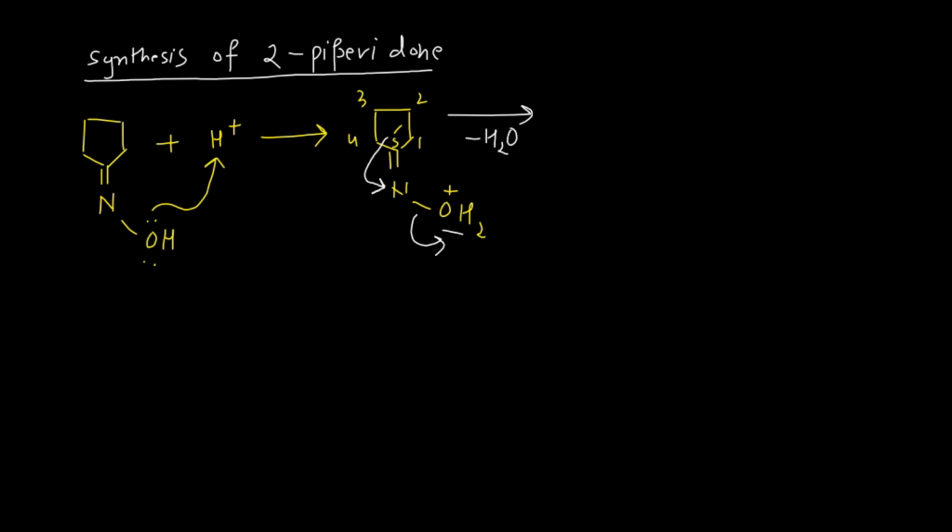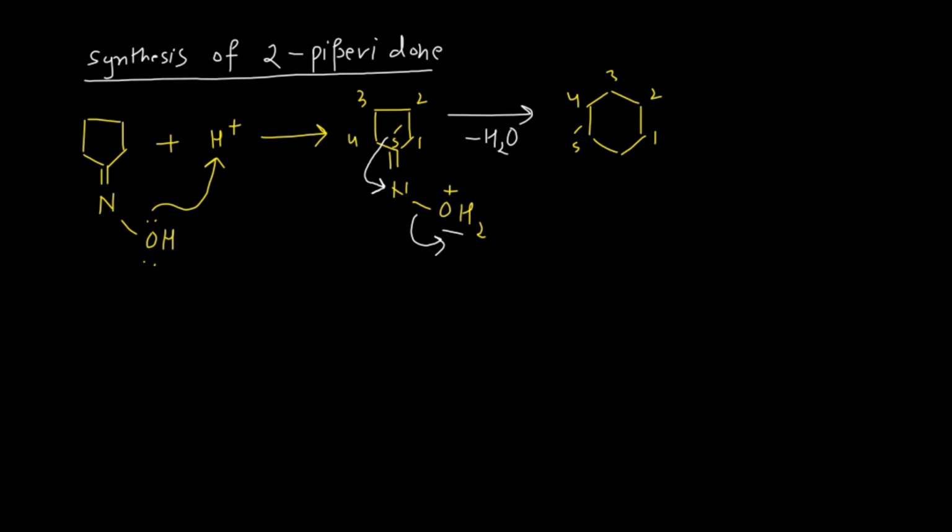So now from 5-membered ring you will have 6-membered ring. So straightforward write 6-membered ring and say this is carbon 1, this is carbon 2, this is 3, this is 4 and this is 5.